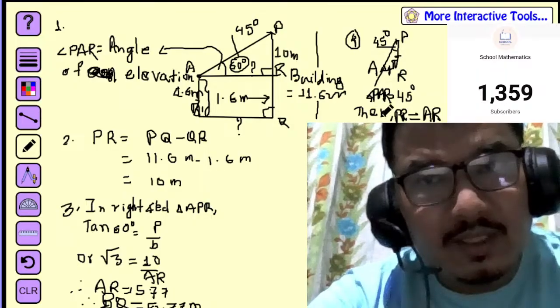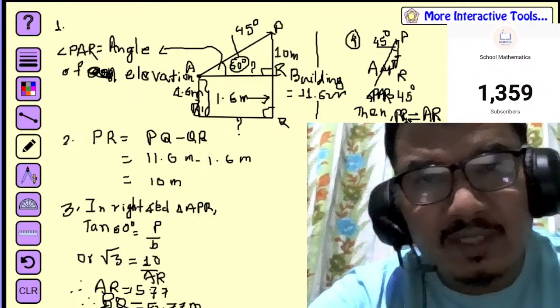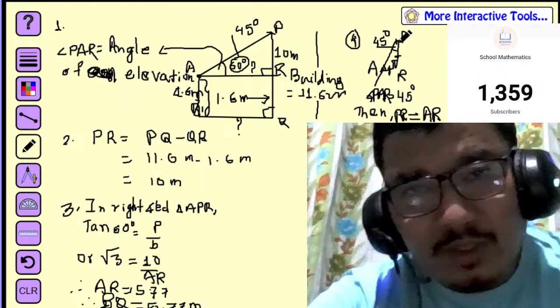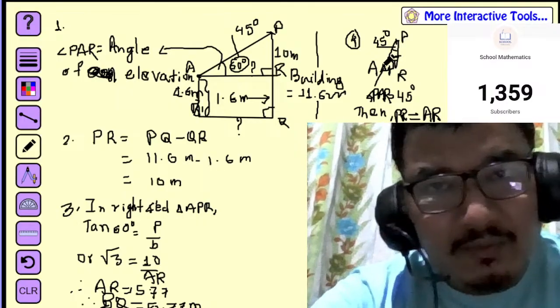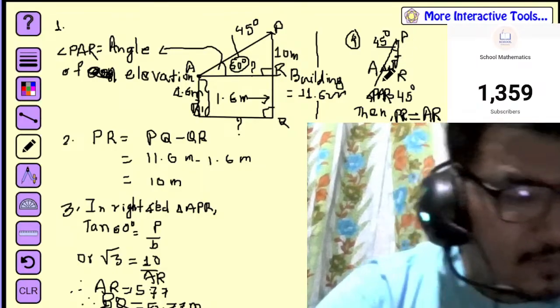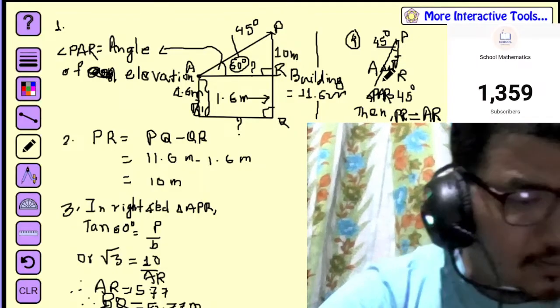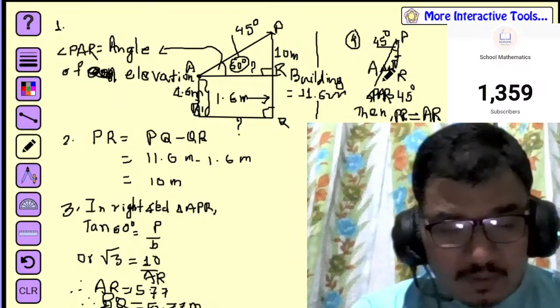We can understand this vice versa also: if these two sides are equal, these two angles will be equal. When these two angles are 45 degrees, then these two sides will be equal.